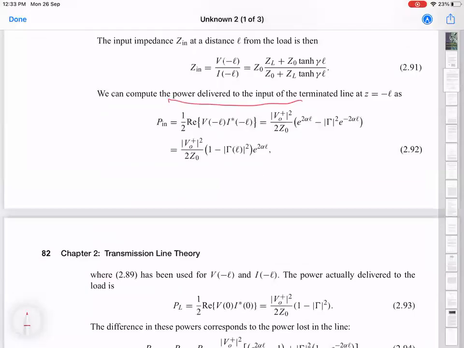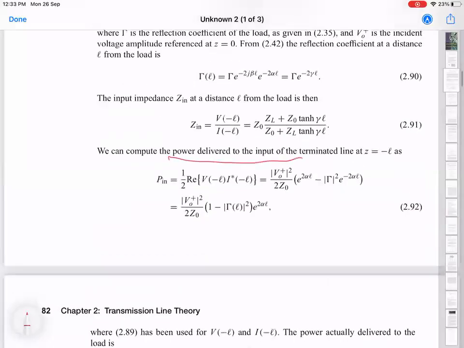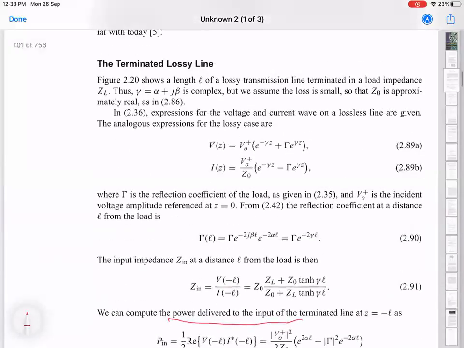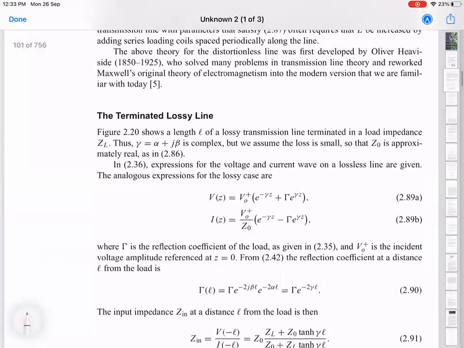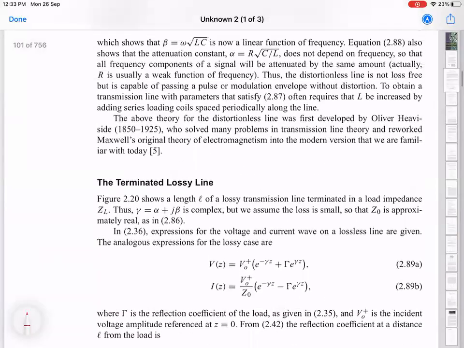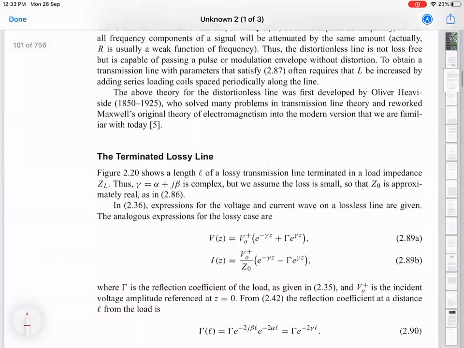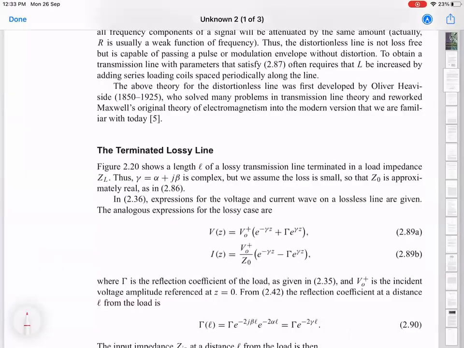That is not such an interesting part. So the main point I want you to think about here is what it looks like from the point of view of, say, matching to that particular load, in terms of how much attenuation you get.